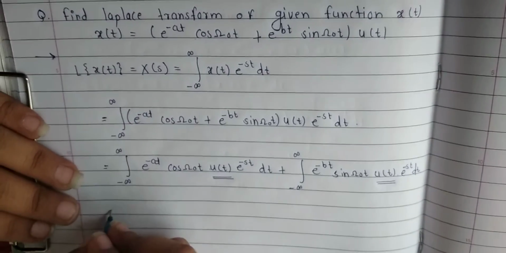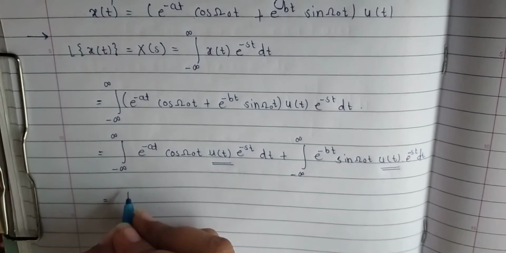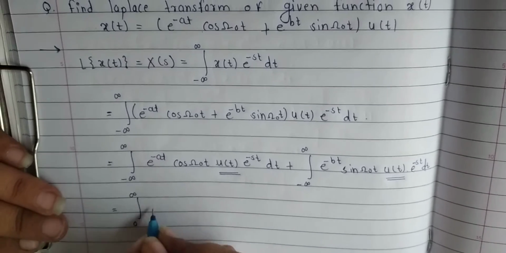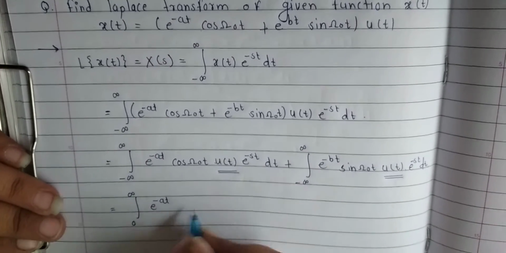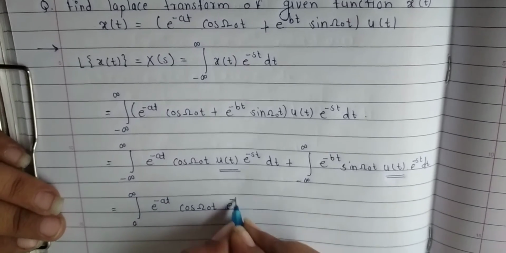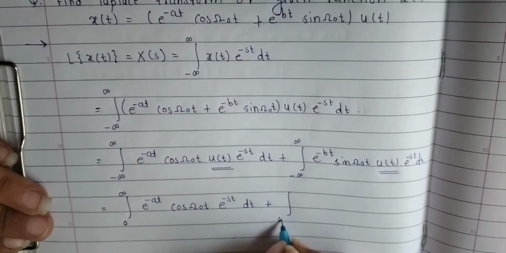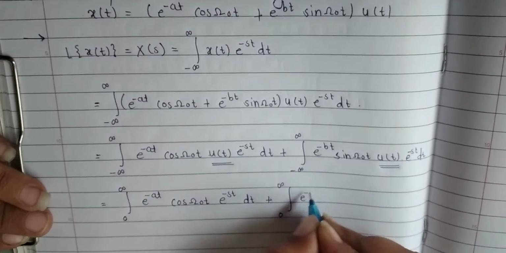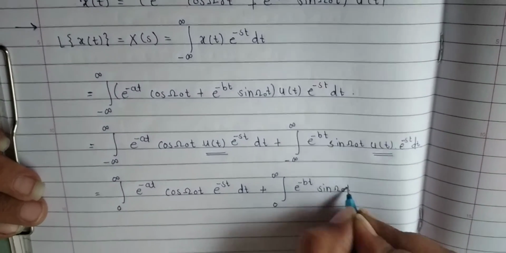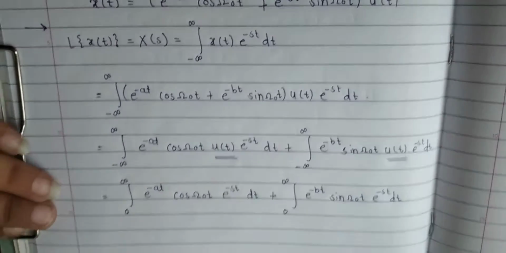So the value of u of t is 1 for step signal, that is in between 0 to infinity. So integration limit converts to 0 to infinity e raised to minus at cos omega naught t e raised to minus st dt plus integration 0 to infinity e raised to minus bt sin omega naught t e raised to minus st dt.